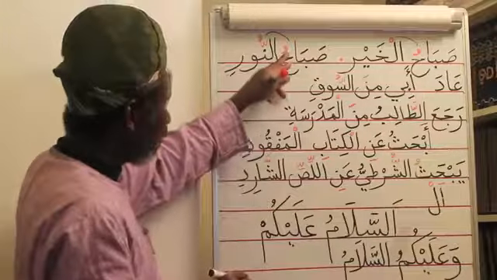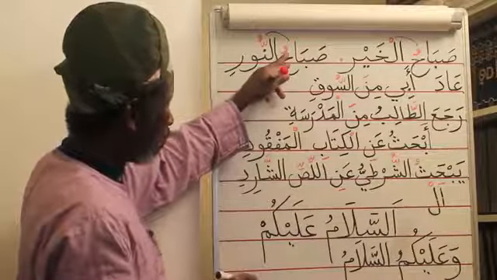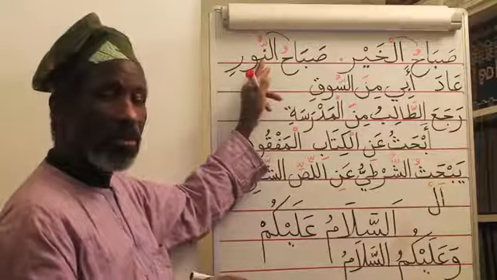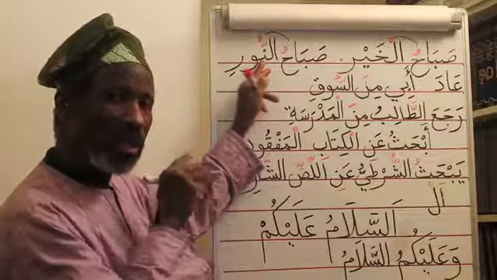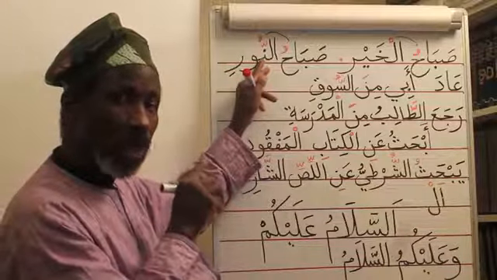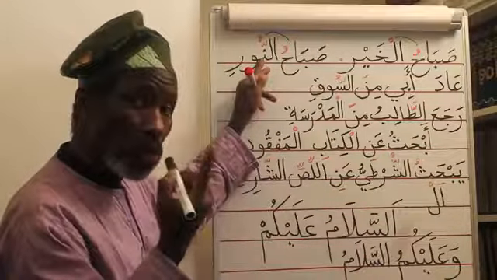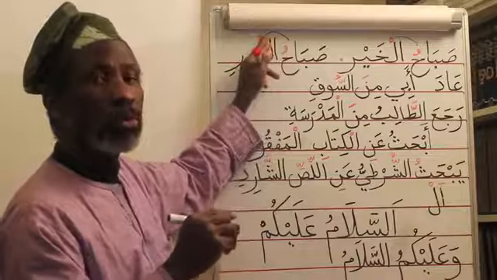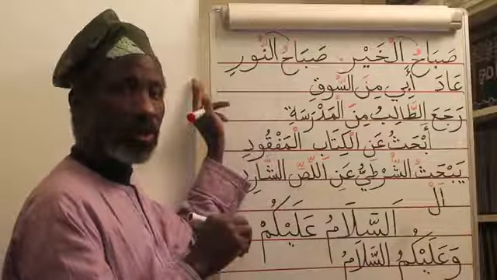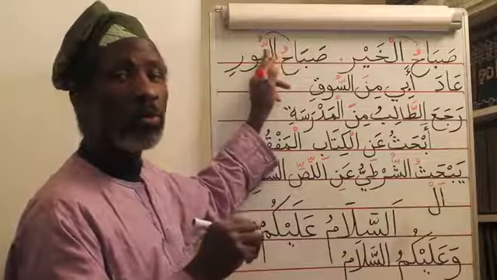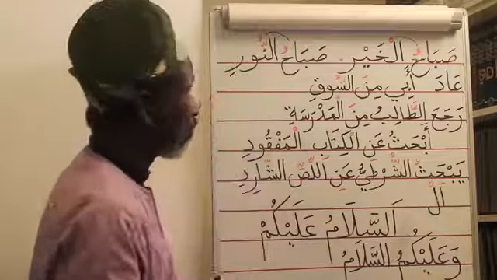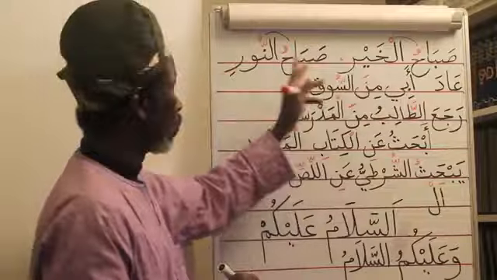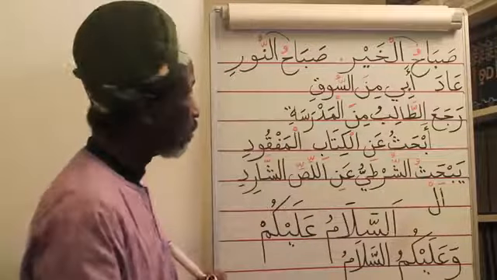So the first available vowel is to be linked to the first of the embedded noons. There are two noons there. The first one is carrying sukun. So you are saying sabahun nur. Sabahun nur. So sabahul khair, sabahun nur.